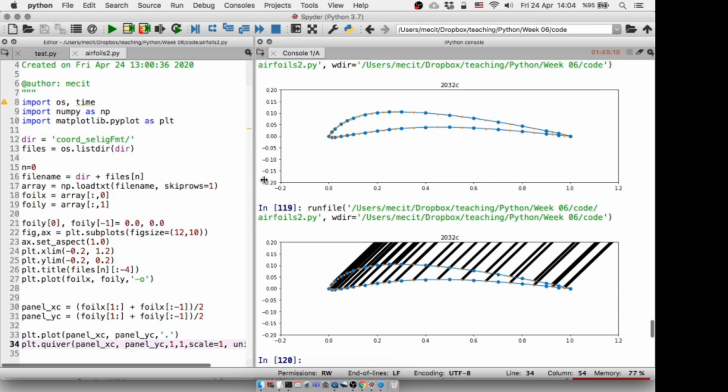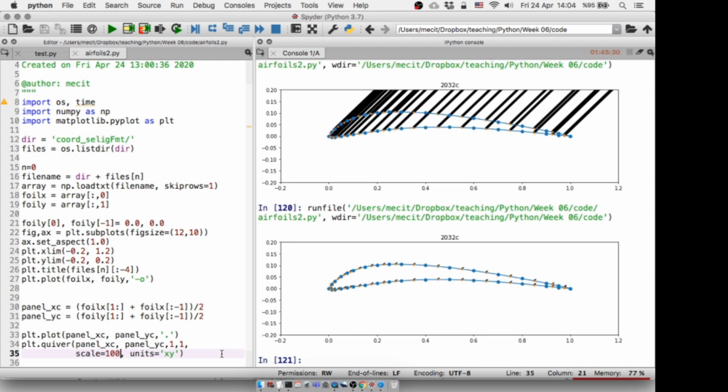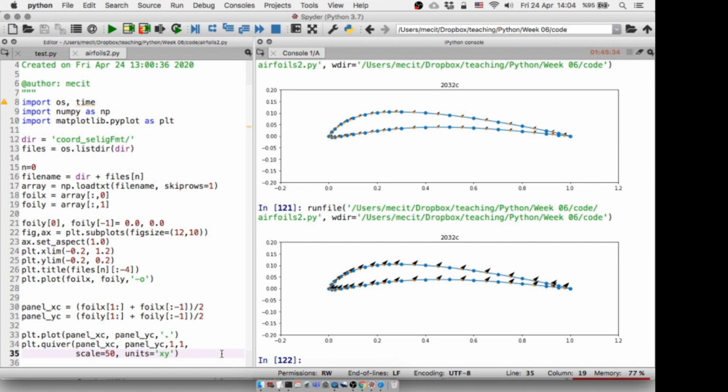Okay, so on each of these points I have a vector. As I suspected, the vector is large, so let's make it smaller by making the scale larger. Okay, and that might be too small. Even that is too small for me. Okay, now I am putting on the panel centers the same vector I want.